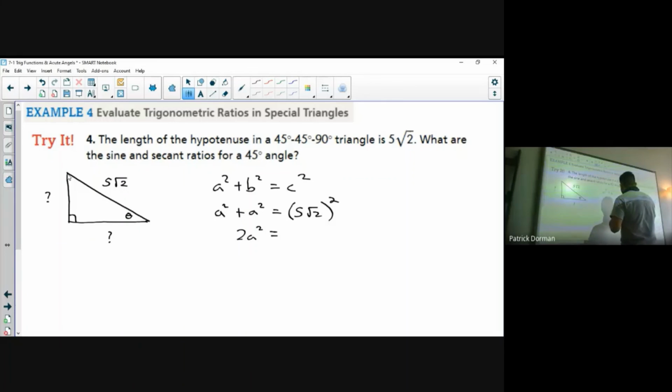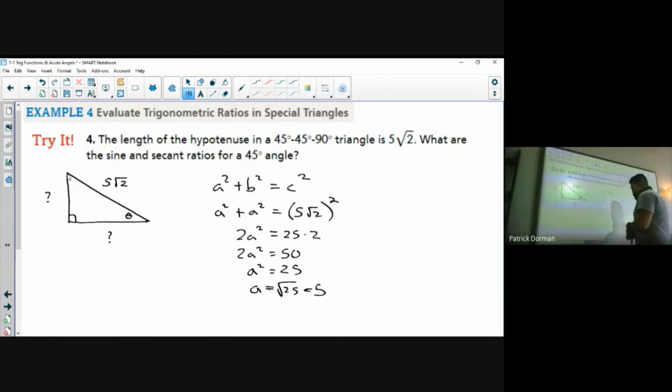So that's going to be 25 times 2. So 2a squared is 50. We'll divide both sides by 2. Take the square root of both sides. Remember, since we're dealing with triangles and side lengths, we don't need to consider both positive and negative values for this square root, because negative values don't exist, right? There's no such thing as a negative side length.